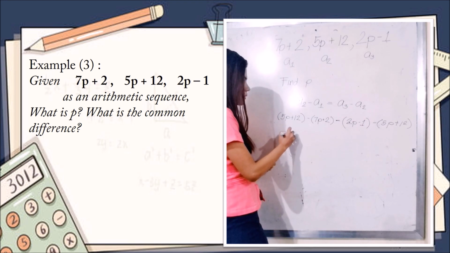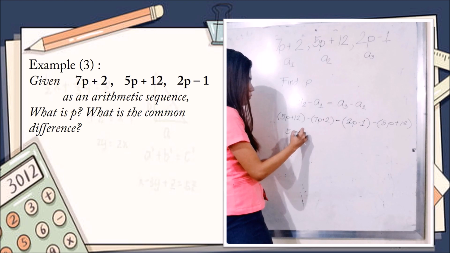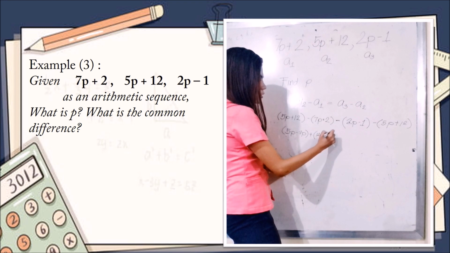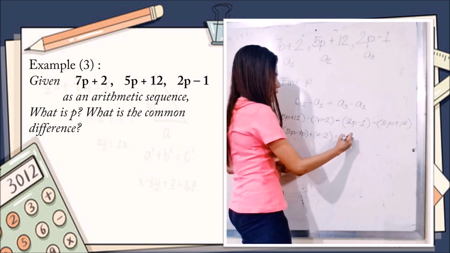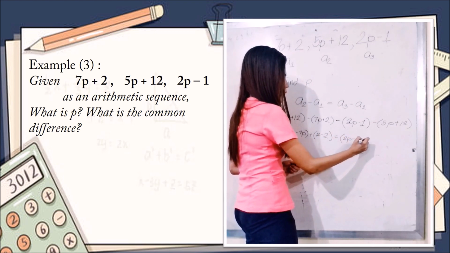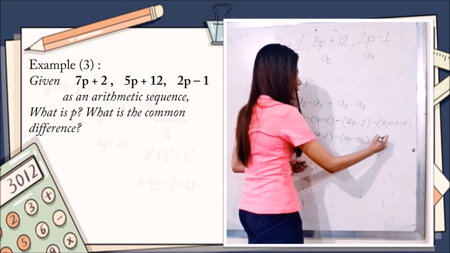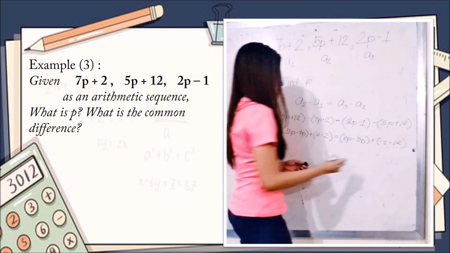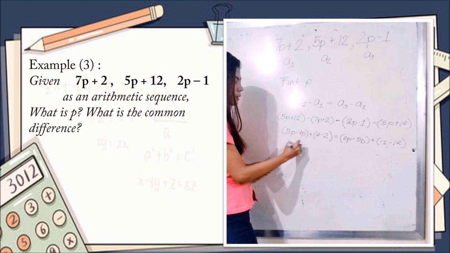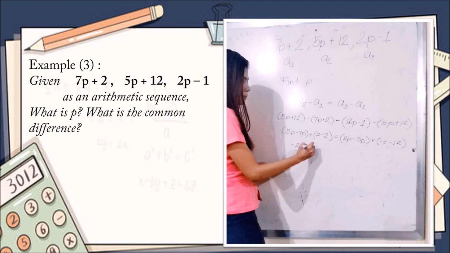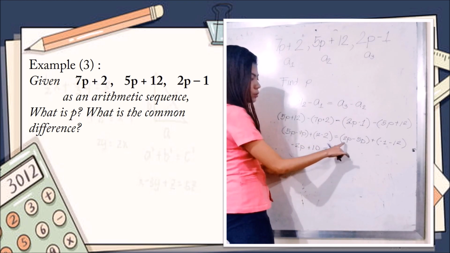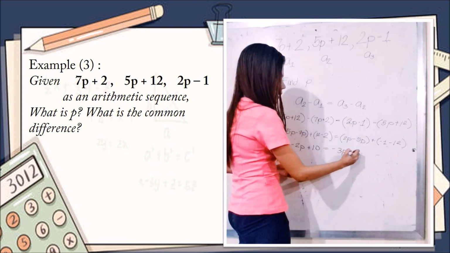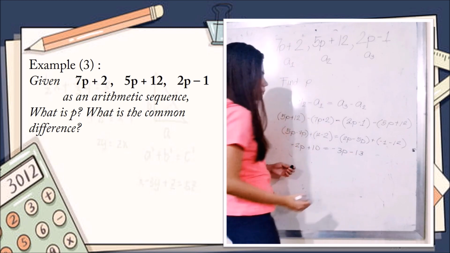So, we have 5p minus 7p plus 12 minus 2 is equal to 2p minus 5p plus negative 1 minus 12. 5p minus 7p, we have negative 2p plus 10 is equal to negative 3p minus 13.